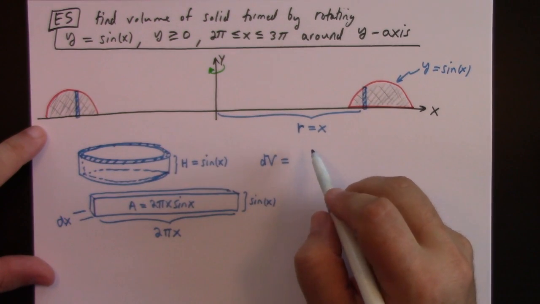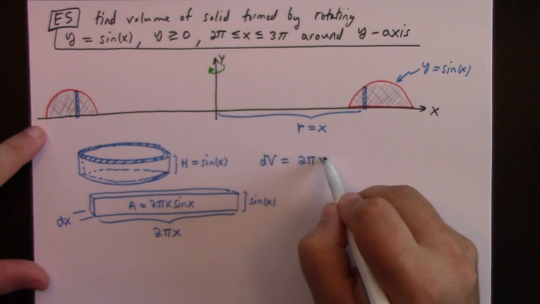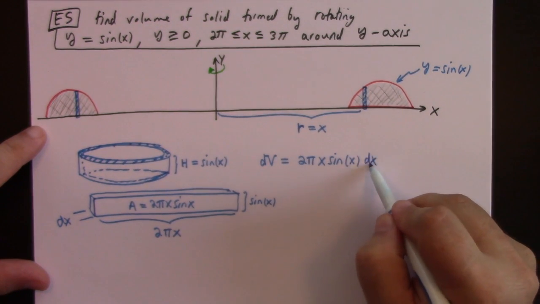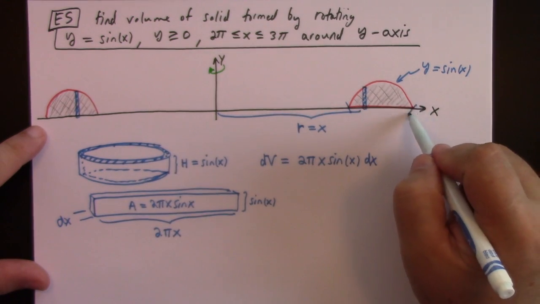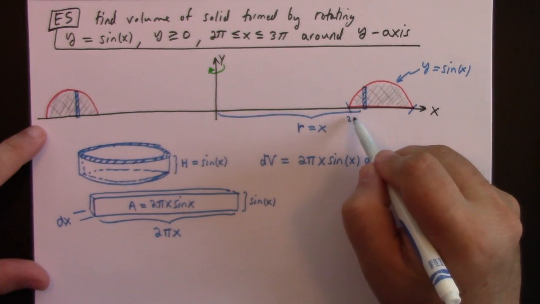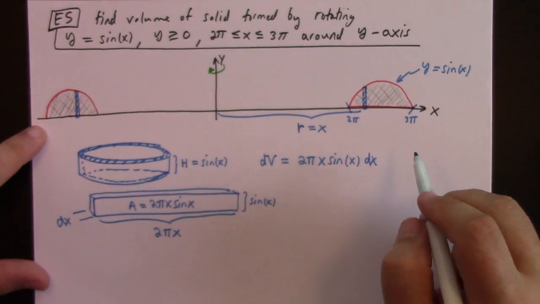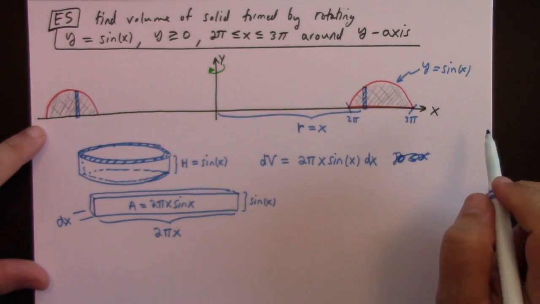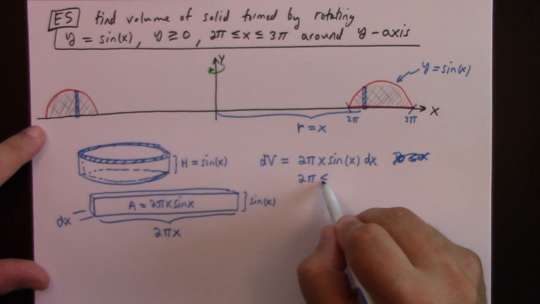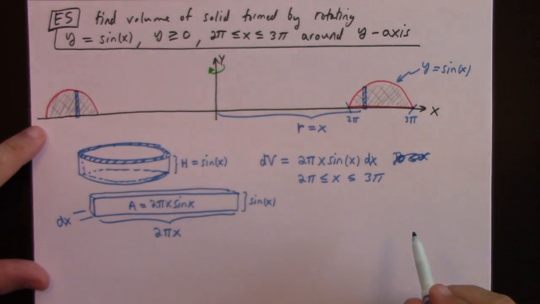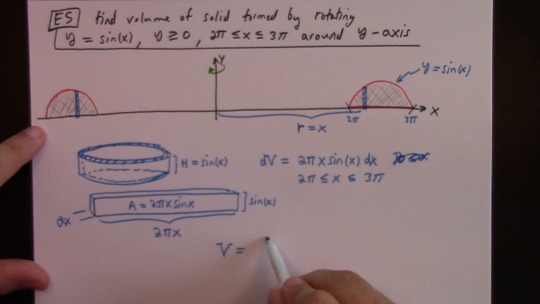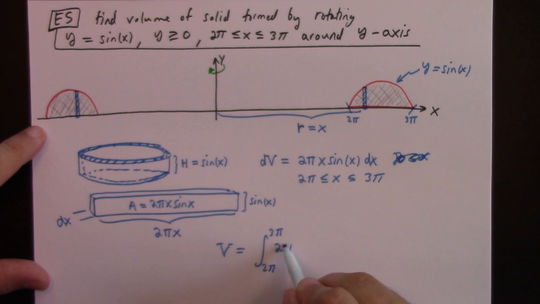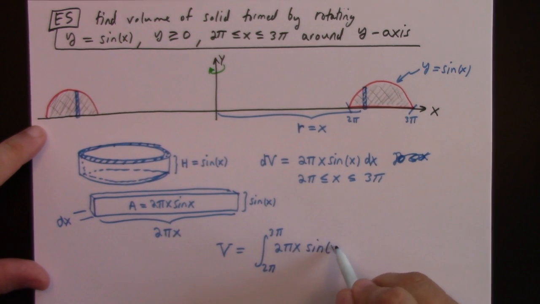So there you go. dV is 2 pi x sine x dx, and I'd have to do that from where? From here all the way out to there. That's 2 pi to 3 pi, according to my setup. And so there you have it, volume is going to be the integral from 2 pi to 3 pi of 2 pi x sine of x dx.